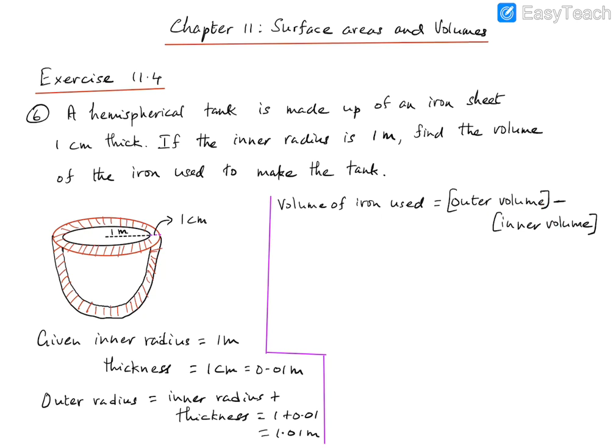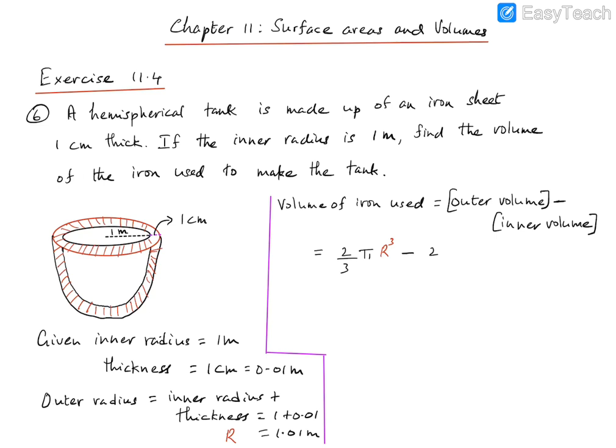We have to calculate the outer volume of the hemisphere, which will be 2 by 3 pi r cube, and the r used here will be the outer radius. We'll denote that as capital R. So we can write the volume for the outer part as 2 by 3 pi R cube, minus the inner volume.